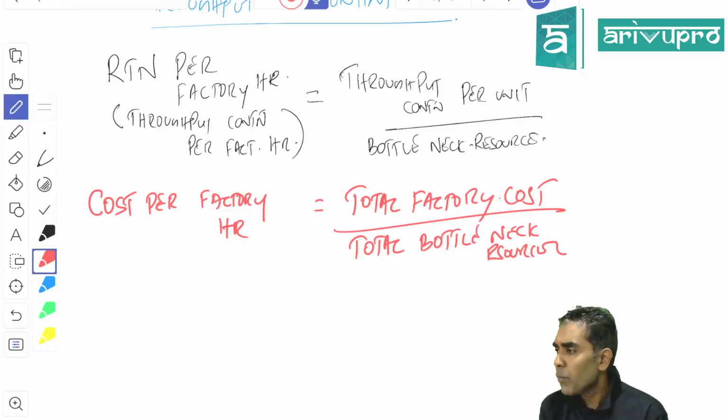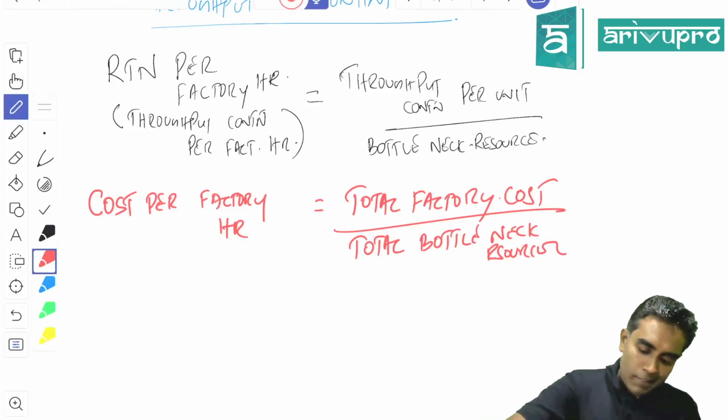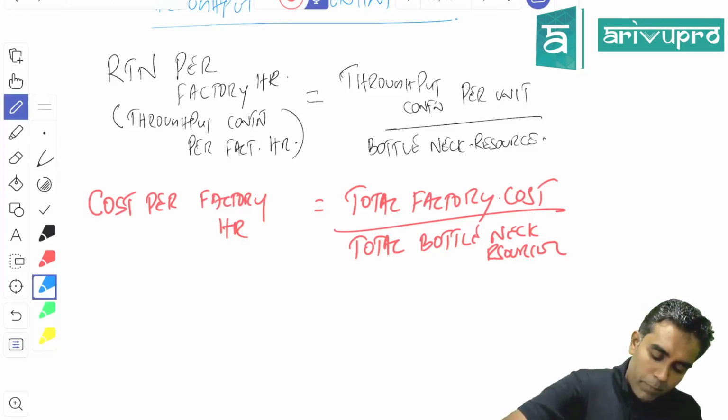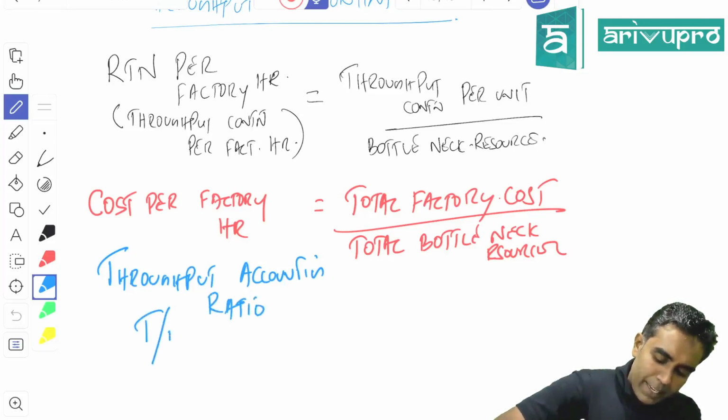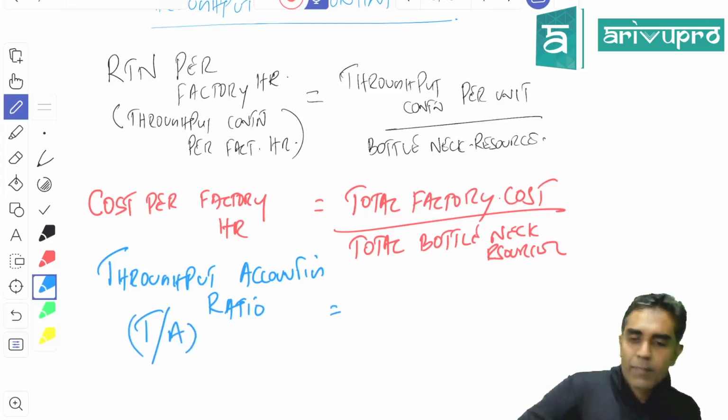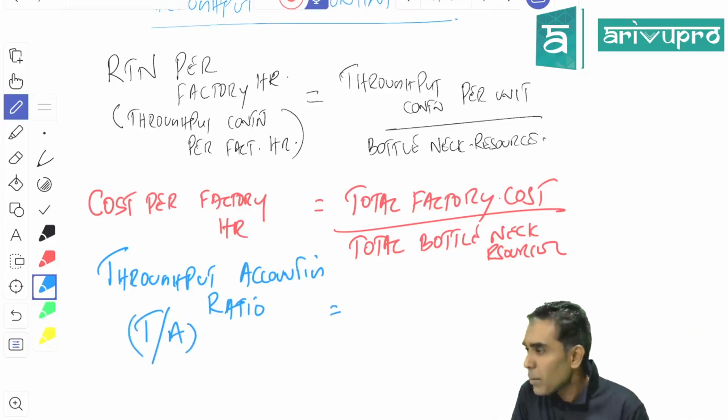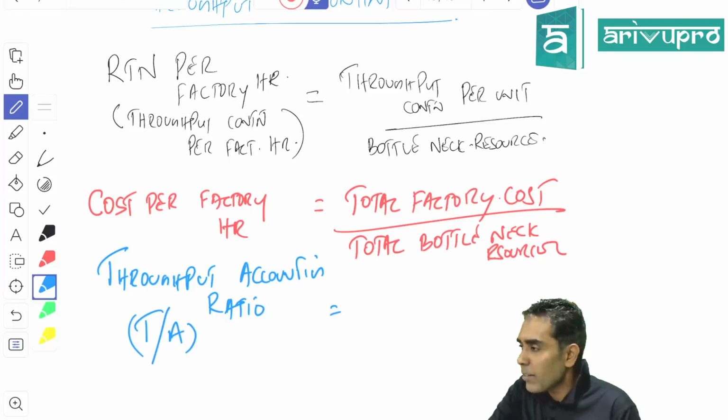Now we are moving to a very important ratio, the last ratio, the TA ratio, throughput accounting ratio. What is meant by TA ratio?